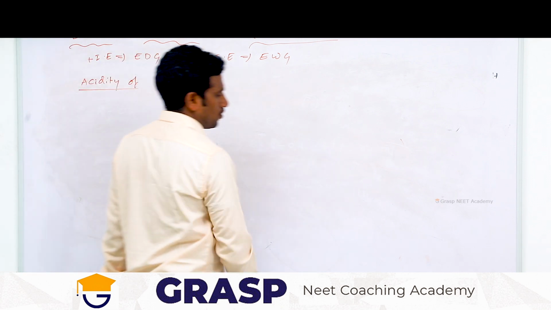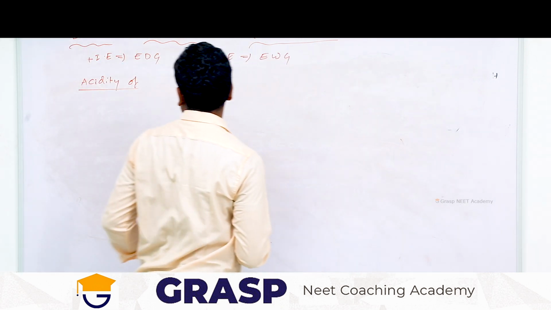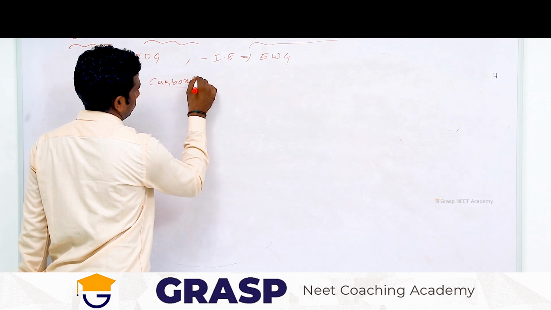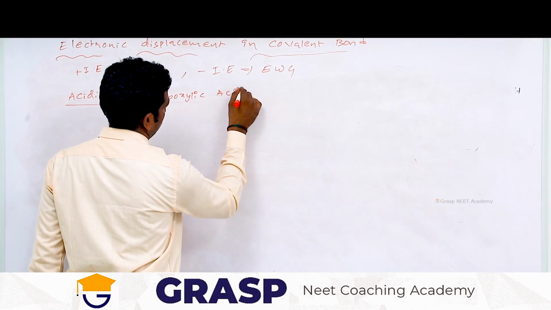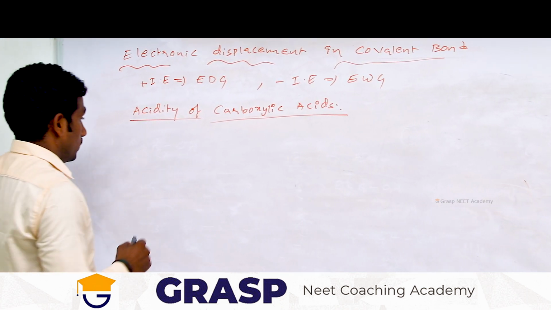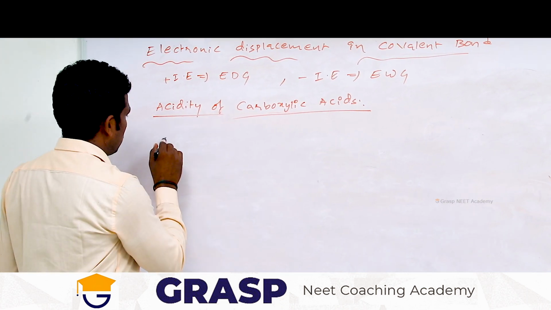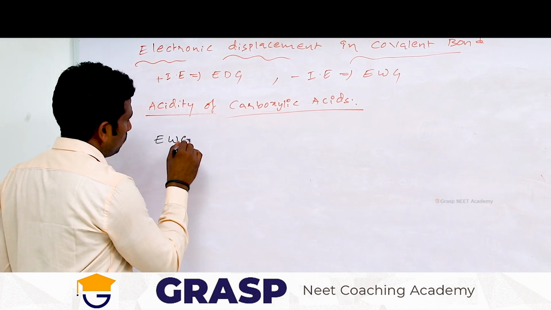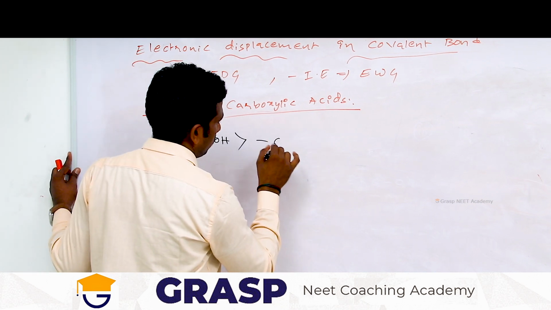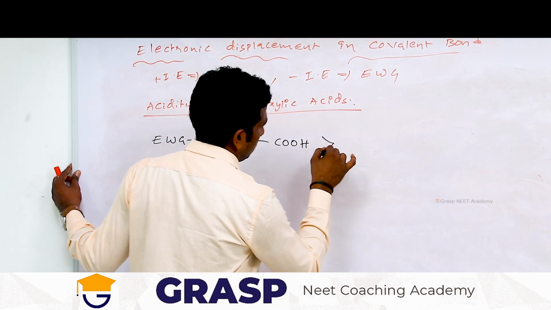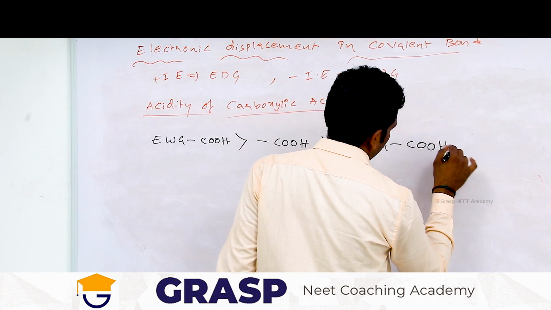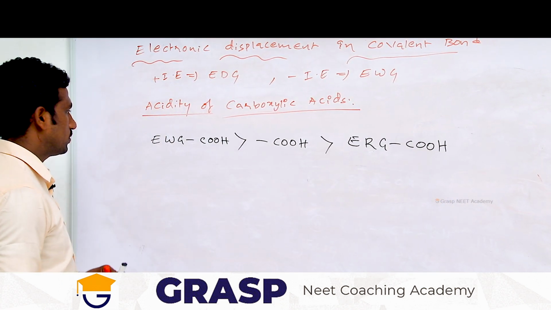Acidity of carboxylic acids. The same concept applies here. Carboxylic acids with electron withdrawing groups are more acidic than normal carboxylic acids, and those with electron releasing groups are less acidic.